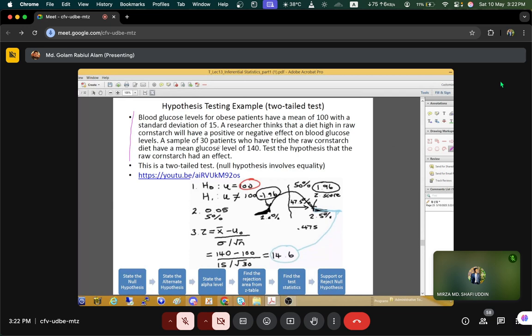It is mentioned that blood glucose level for obese patients has a mean of 100 with a standard deviation of 15. A researcher thinks that a diet with high raw cornstarch will have a positive or negative effect on blood glucose levels. It means blood glucose level may increase or may decrease.